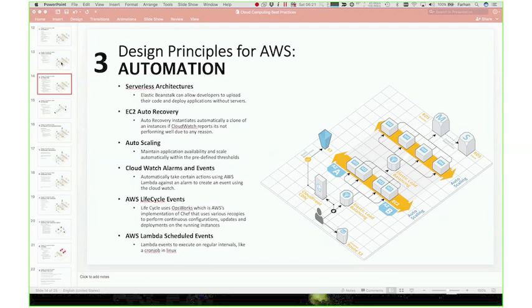Coming to the second point, AWS lifecycle events. You guys have heard of Chef implementation. OpsWorks is Amazon's Chef implementation, with which you can do a lot of bulk configurations on your instances. You can perform yum updates. You can perform automated deployments.